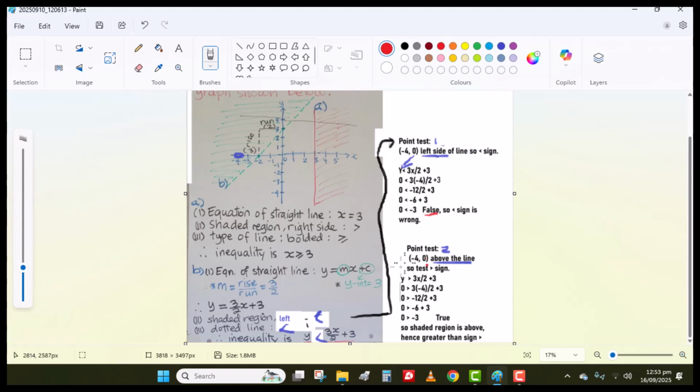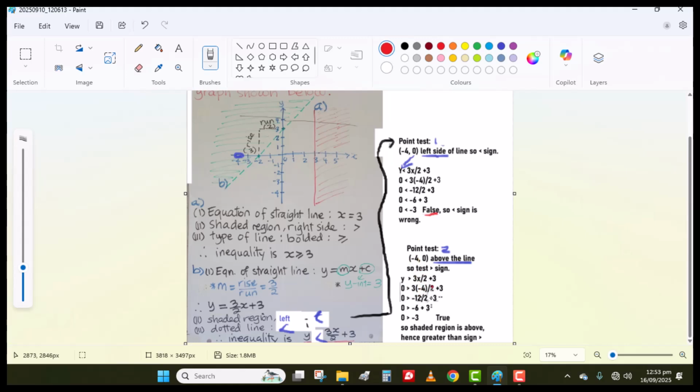Again, we substitute this same point, and this time we use the greater than sign, to say that the shaded region is above the line. This side is below and that side is above. So let's check. Again 0 is y, negative 4 is x.